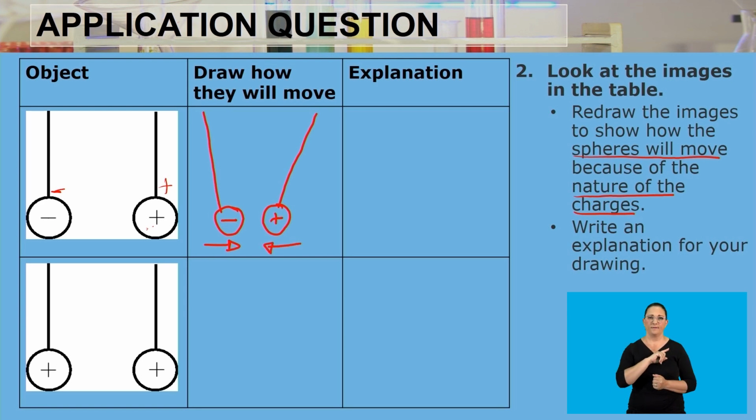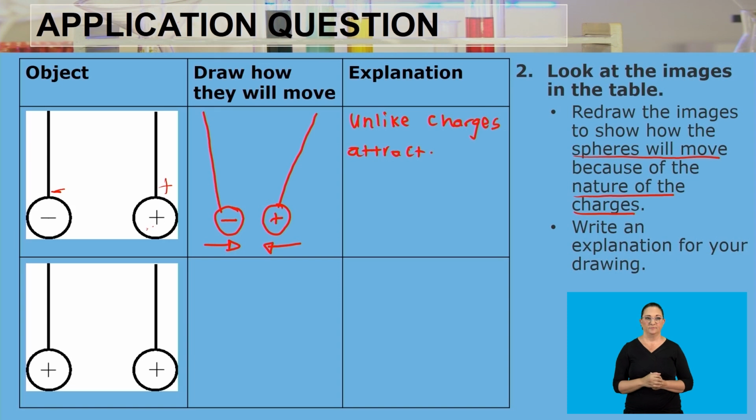Why? Because unlike charges attract. So the reason these two spheres move closer to each other is that unlike charges attract.